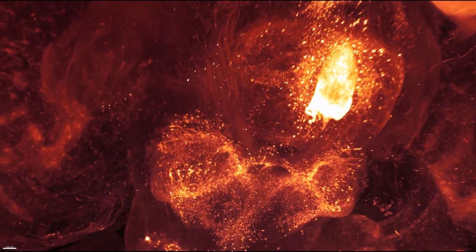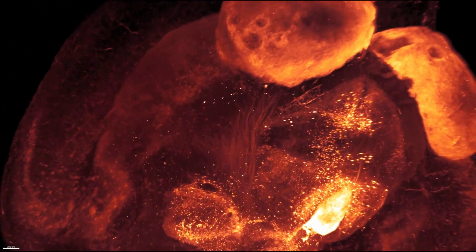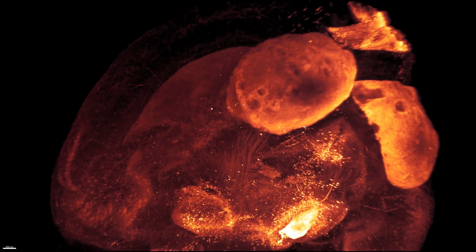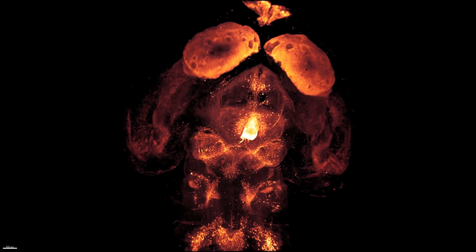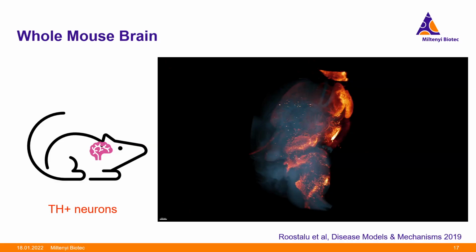Now, this really allowed them to create a full model to get a complete three-dimensional visualization and also automate the quantification of the tyrosine hydroxylase positive neurons in the adult mouse brain without having to section the brain.